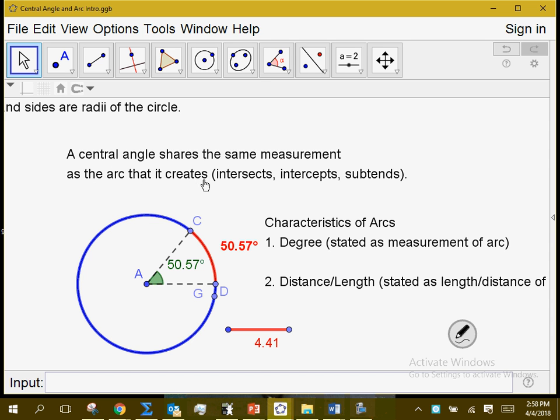Now, at least initially, it's important for us to use that word creates, because when I have that central angle, that central angle cuts off that red arc, it makes our attention focus on that red arc. So that's the arc that is created by the central angle. Now, in exams, ACTs, and any other math class beyond this, they will not use that word creates. They will use some of those words in parentheses there.